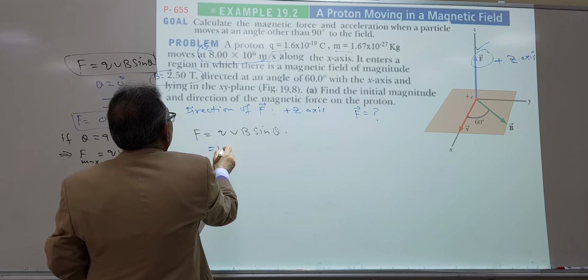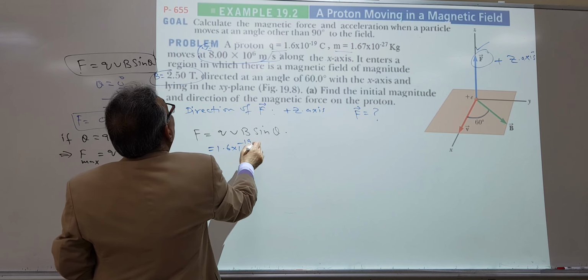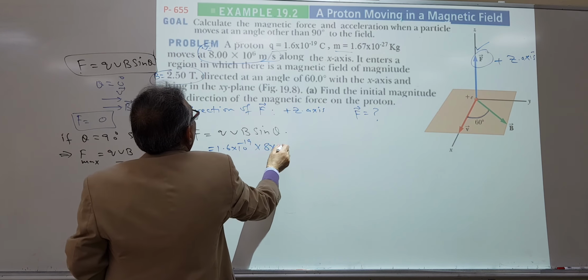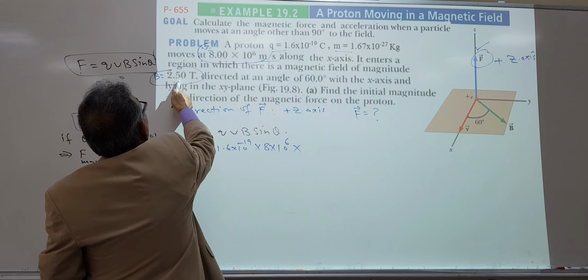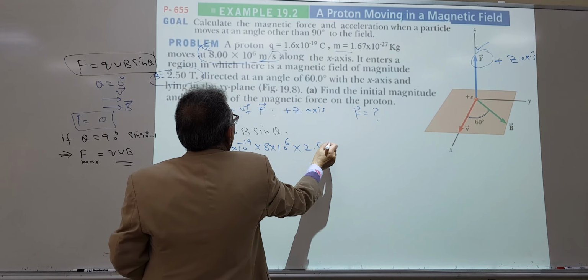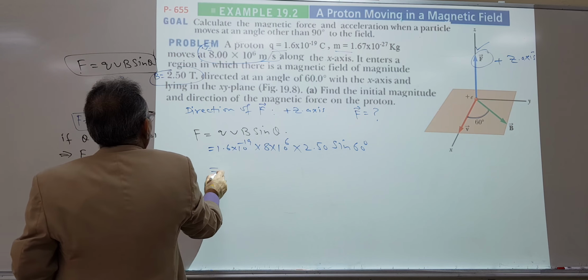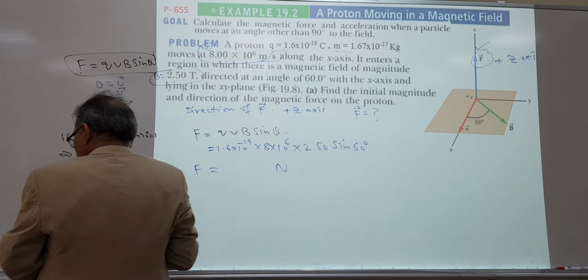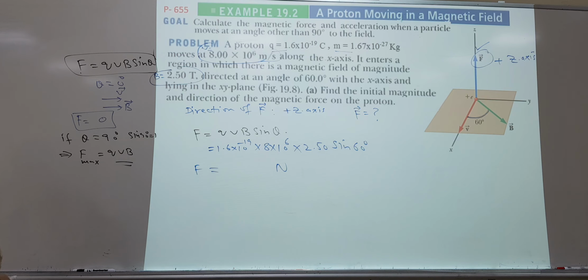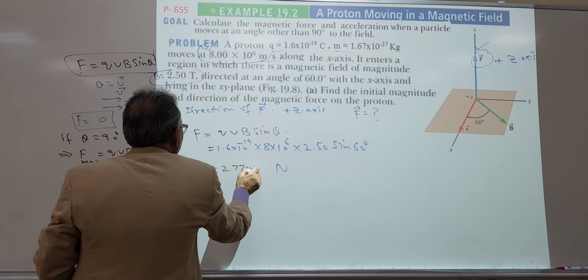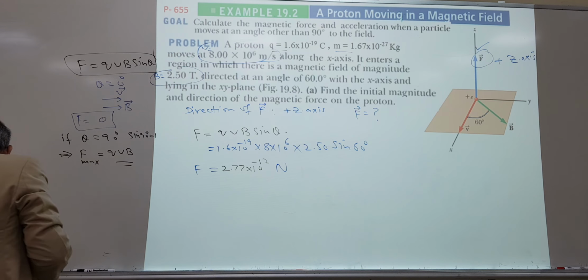Q is given, velocity is given, magnetic field, sine of 60 degrees. You would get the magnitude 2.77 times 10 to the minus 12 Newton.